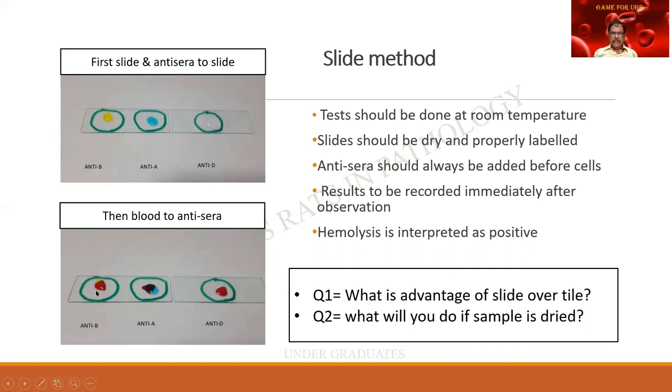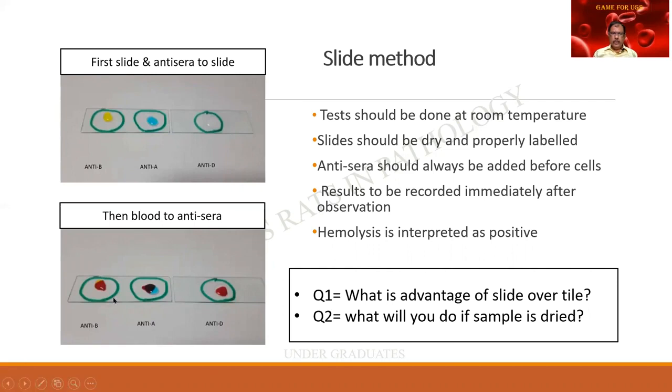After this, a drop of blood is added. Specifically, we should take care that the pipette does not touch the antisera. Because once it is contaminated and I put it inside the blood bottle again, the entire thing will be contaminated with an antisera, giving rise to false positive reactions, and the entire practical exam will be a mess.